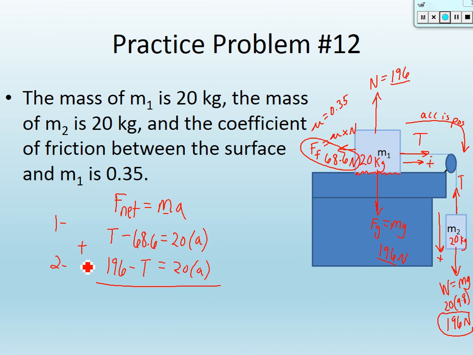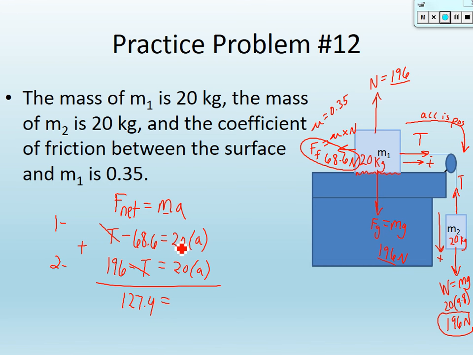If we add these two equations together now, we should be able to cancel out one of our unknown variables. What's positive tension minus tension? Well, it cancels out. So then we get 196 minus 68.6 is 127.4.